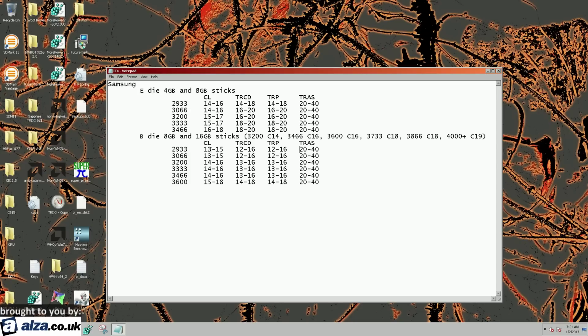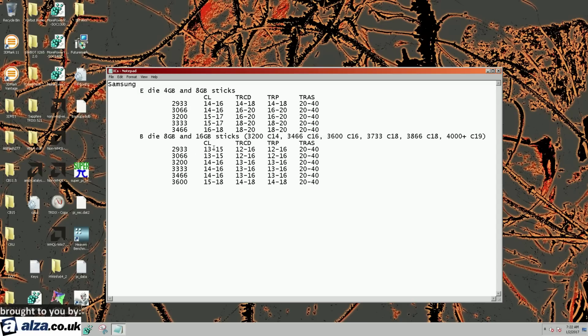So, yeah. Now on B-die, in terms of timings, at 2933 megahertz, you're going to be looking at a CL of 13 to 15. And the tRCD and the tRP on B-die are pretty unique to B-die. There's no other memory IC I'm aware of that does this. Actually, some Micron memory chips can do the same thing that B-die does, but Micron memory doesn't clock as high.